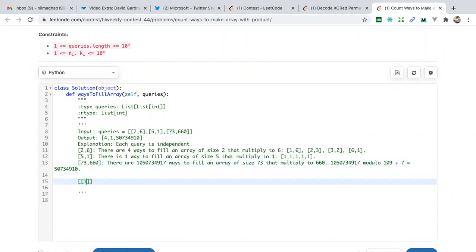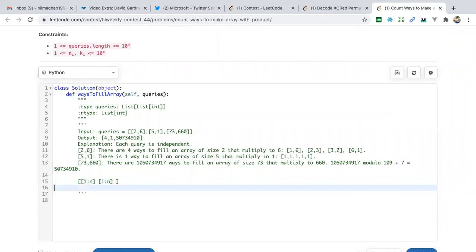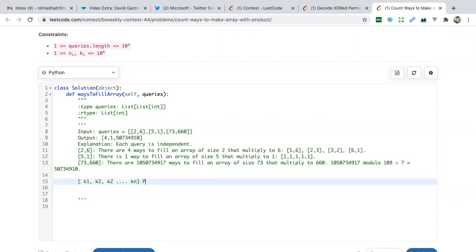So we can think the brute force solution will be to generate all the combinations from 1 to n, till we get the answer. First we have to generate this array of n elements, k1 k2 k3 up to kn, and suppose the product is p.